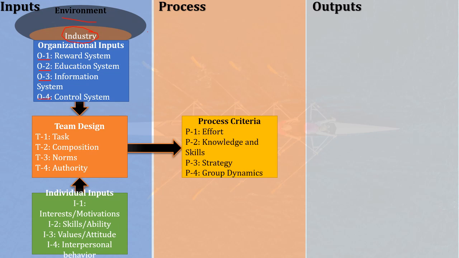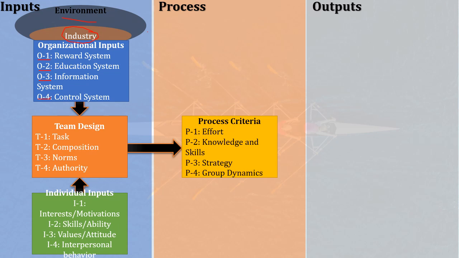Then the knowledge and the skills that are being used to achieve the outcomes, the strategy that is being used to achieve the outcomes, and the group dynamics. What do you mean by group dynamics? It is the behavior of the group members within that particular team while performing the task.